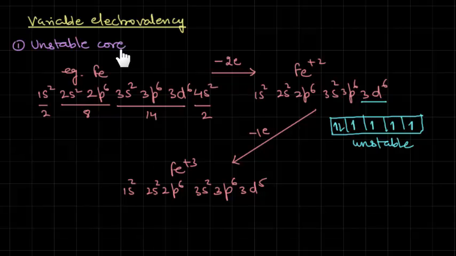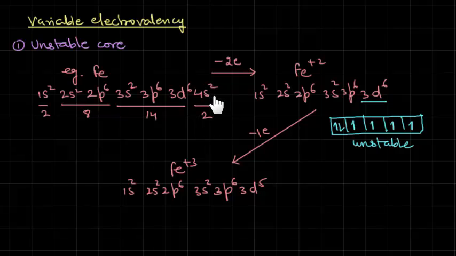Once an electron is released from, let's say, Fe, let's take an example of iron to understand how the variable electrovalency works. The configuration of iron is 1s2, 2s2, 2p6, 3s2, 3p6, 3d6 and 4s2. So from here you can think that iron should have an electrovalency of only 2.